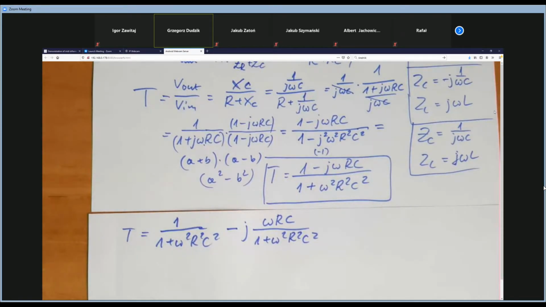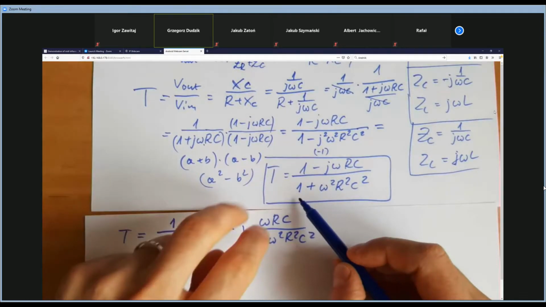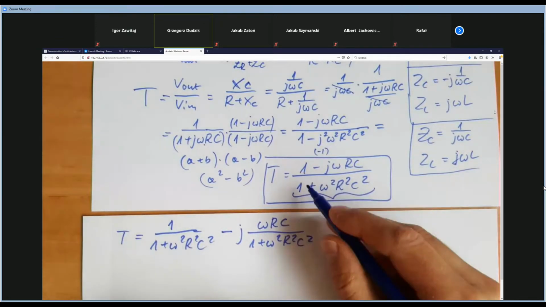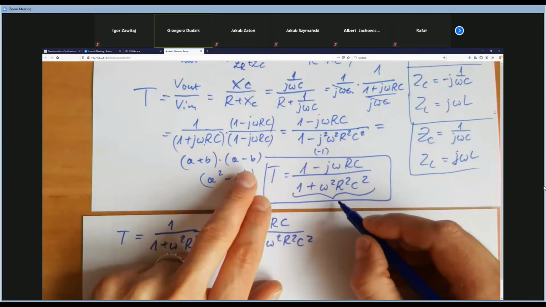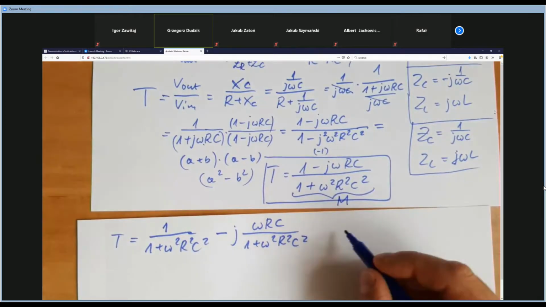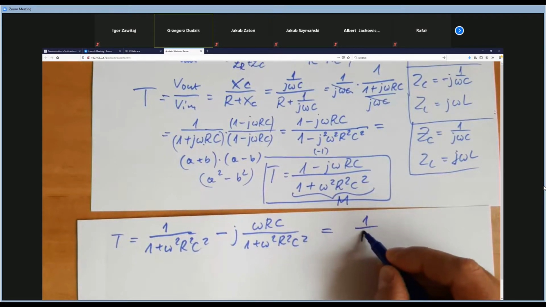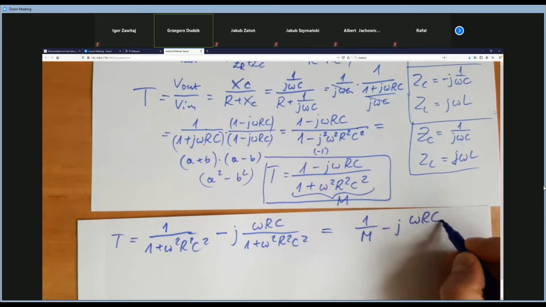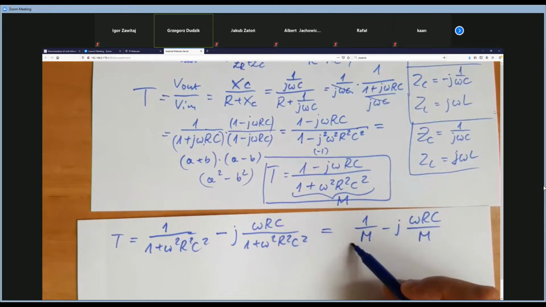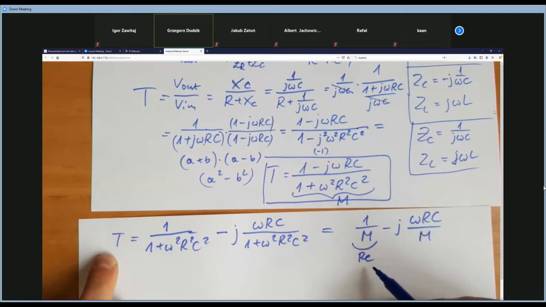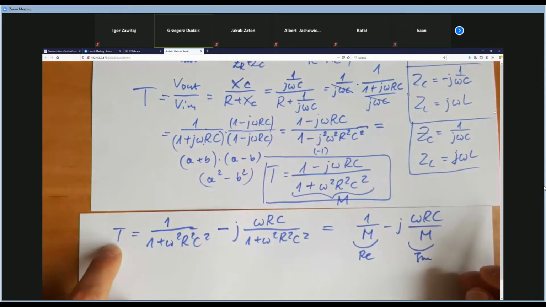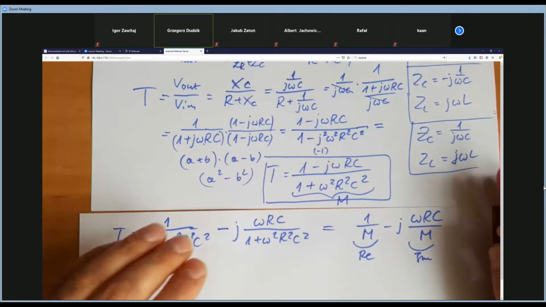So we can say that the denominator is some mathematical expression, and let's call it M, uppercase letter M. In other words, it's 1 over M minus j omega RC over M. And this is the real part of the transmittance, and this is the imaginary part of the transmittance. Okay.